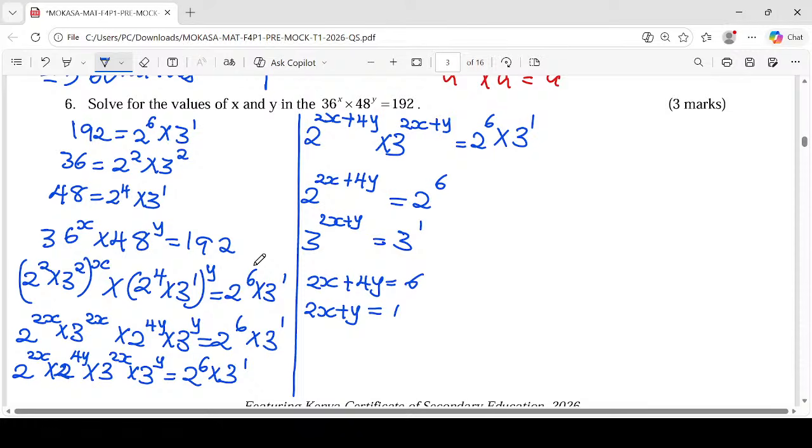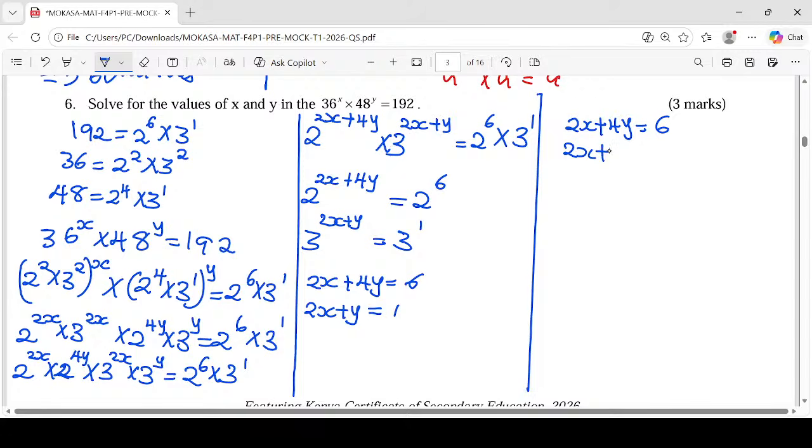How are we going to solve them simultaneously? Let me see. When you have 2x plus 4y being equivalent to 6, and the second equation has 2x plus y being equivalent to 1, you can do direct subtraction. 2x minus 2x will become 0, meaning they are going to vanish.